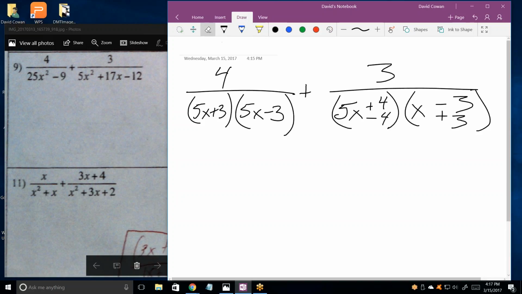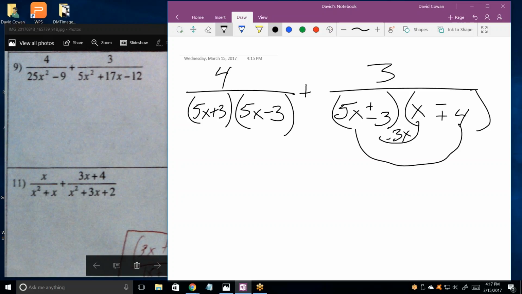So I don't like those answers. Let's try the 4 on the other side, and I'm trying to produce 17 in the middle. Well, that's minus 3x. That's plus 20x. Bingo. That produces my 17x in the middle.